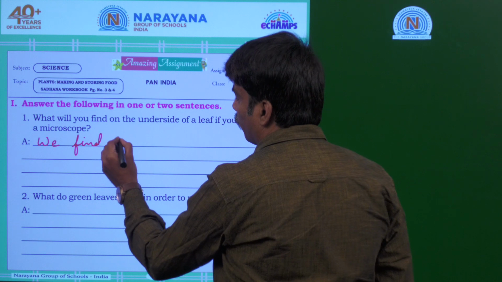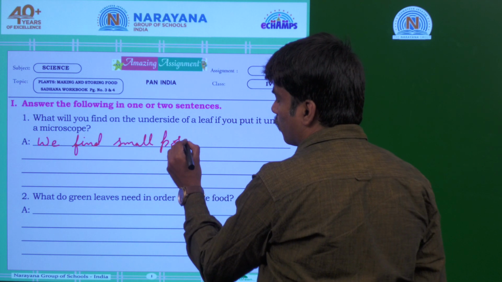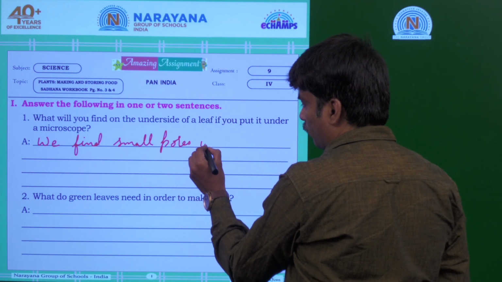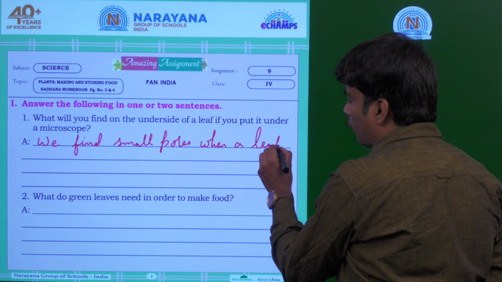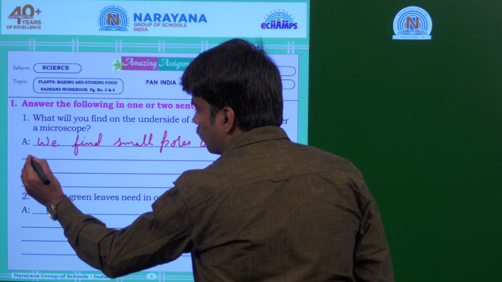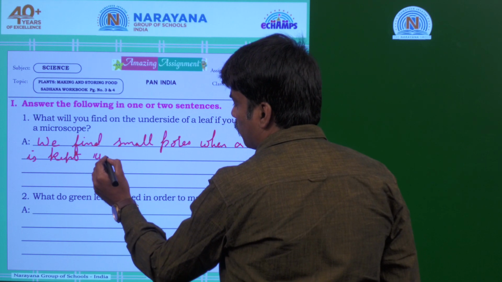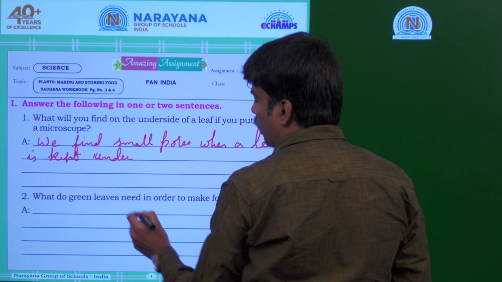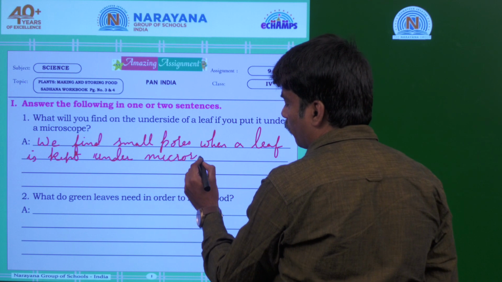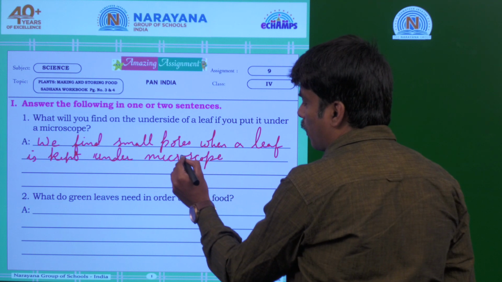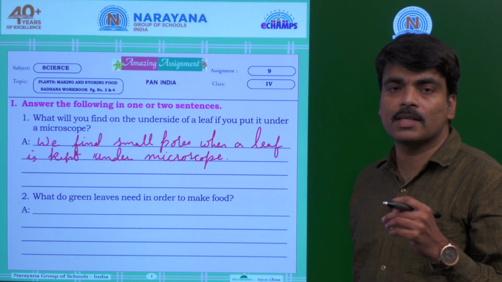We find small pores when a leaf is kept under microscope. What do we call these small pores? These small pores are called as stomata.